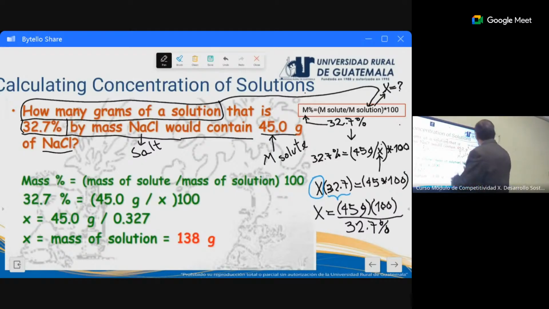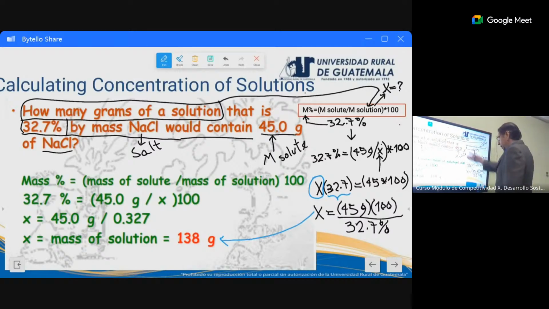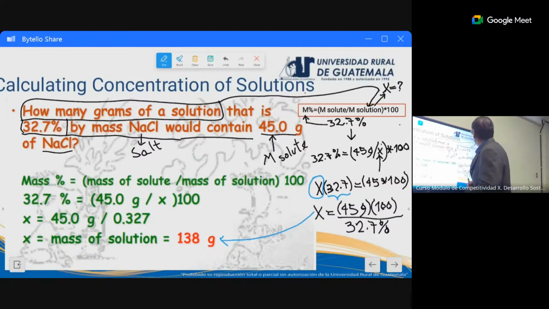If you use a calculator to make these operations, we will get the result, and this x here will be equal to 138 grams. Yes, so this will be the mass of solution. And this is the answer of this problem here.